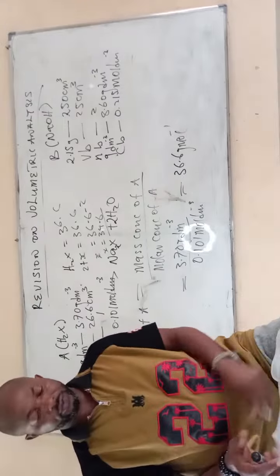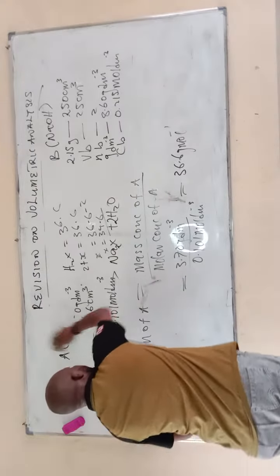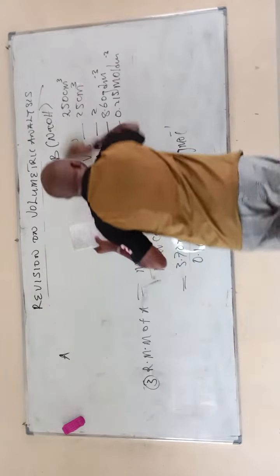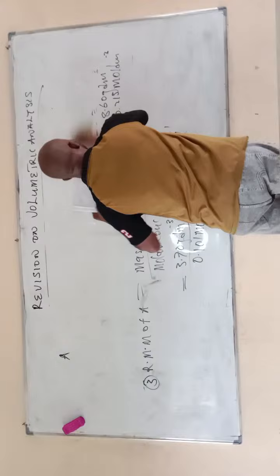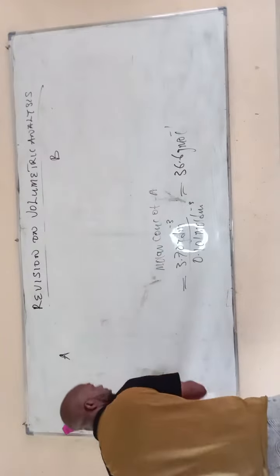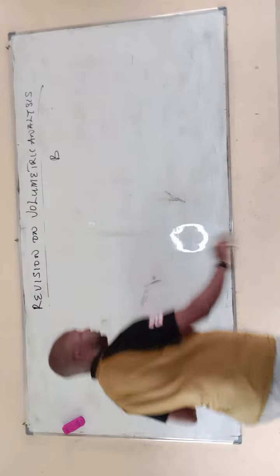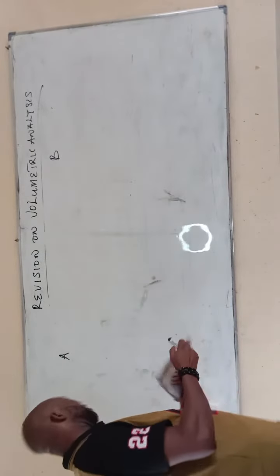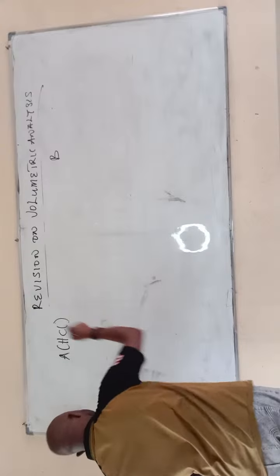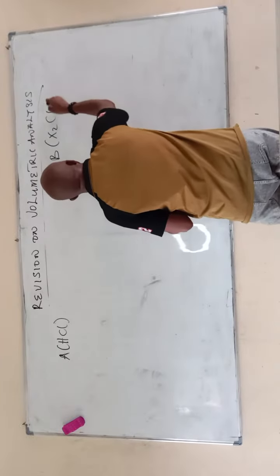So let me write them out. All right, let's take this out. We say A is HCl and B is X2CO3.